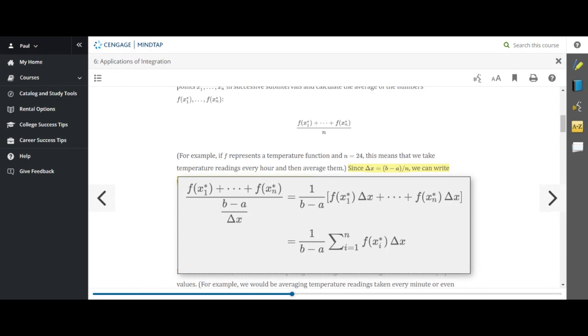Well, here's what I'm trying to say. Here's where we're at. You have this: the average value of a function.